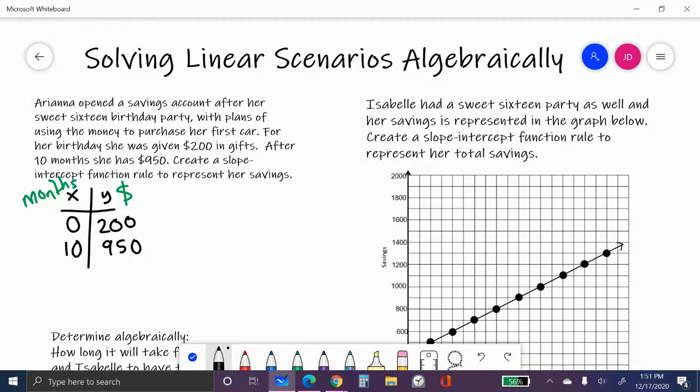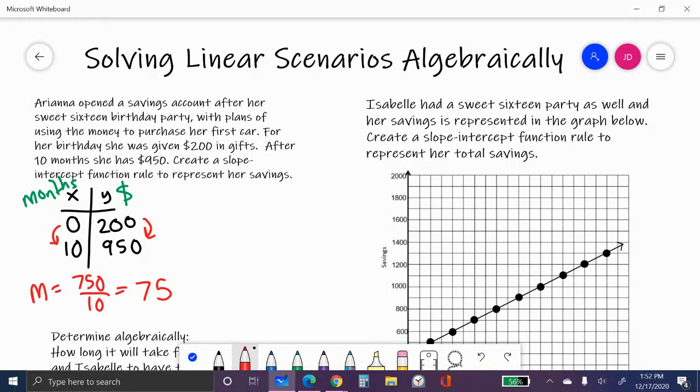Okay. We find the slope by the difference in the y's over the difference in the x's. So the difference in the y's, 950 minus 200 is 750. 0 to 10 is 10. When I reduce those, basically you just cancel out the zeros and it's just 75 over 1, which is 75.